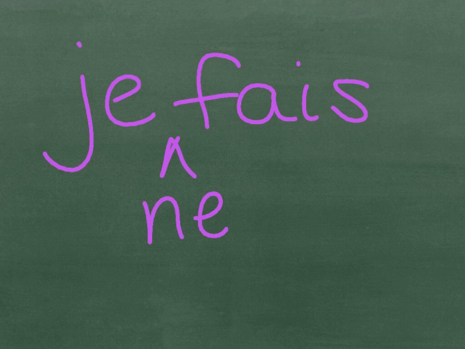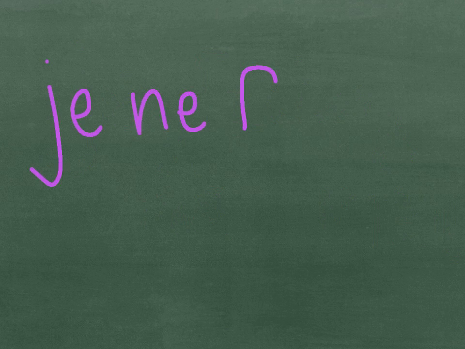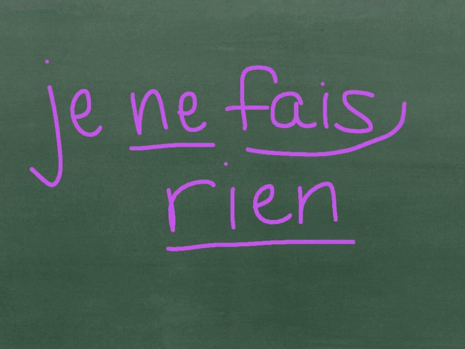But in this case we're saying I'm doing nothing, so we add in rien. Our final product is je ne fais rien. I'm not doing anything. The ne and the rien, just like the ne pas, go around the verb fait, do.